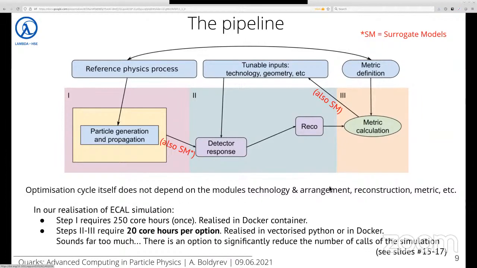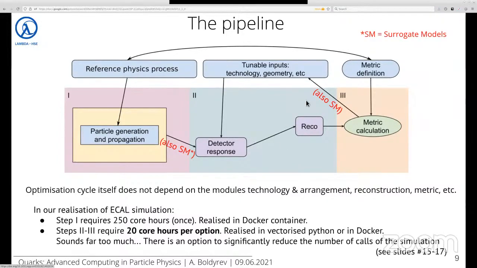The main limitations are on the differentiability of the metric as a function of tunable inputs. For example, for the current realization of the electromagnetic calorimeter in this pipeline, they come from the detector response, in the Geant4 simulation of those responses, and from the XGBoost model we use here.